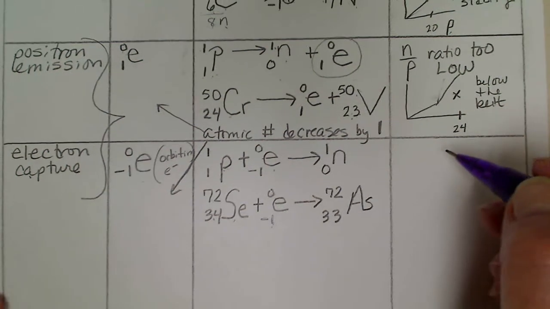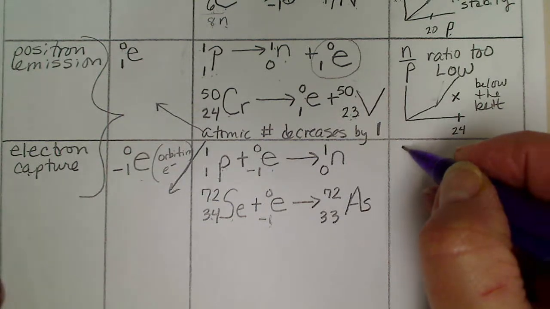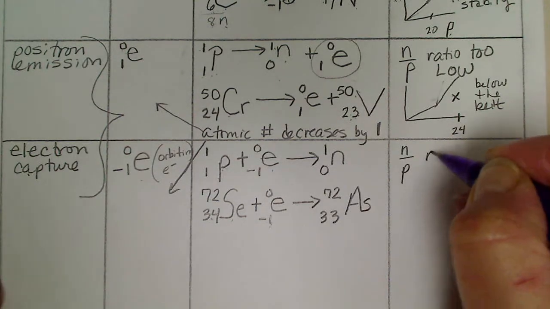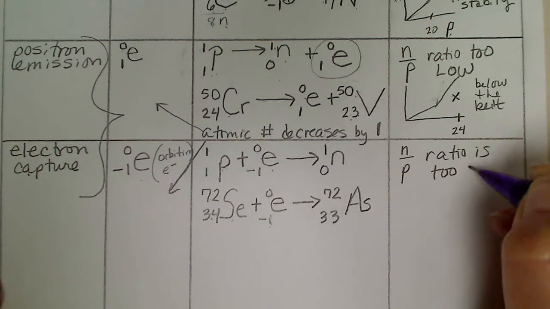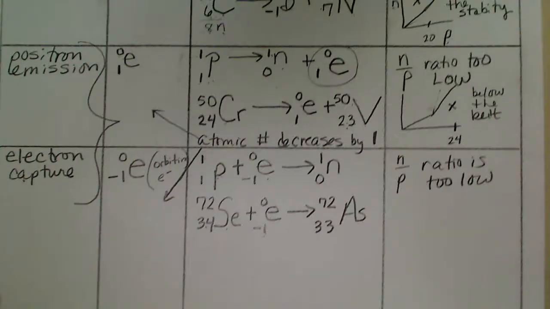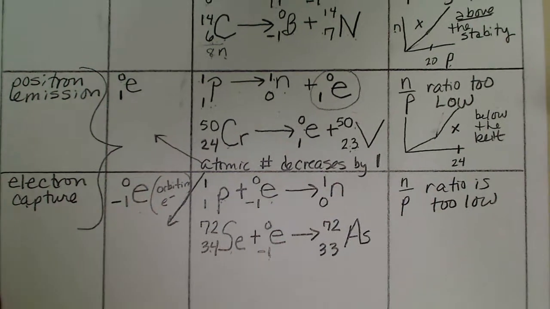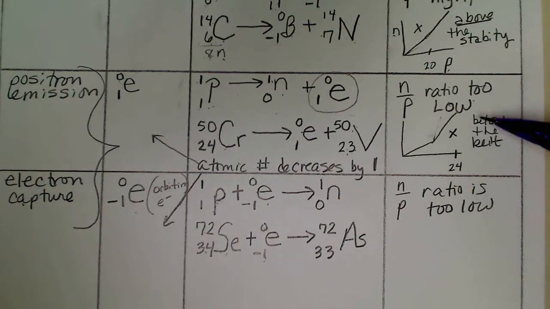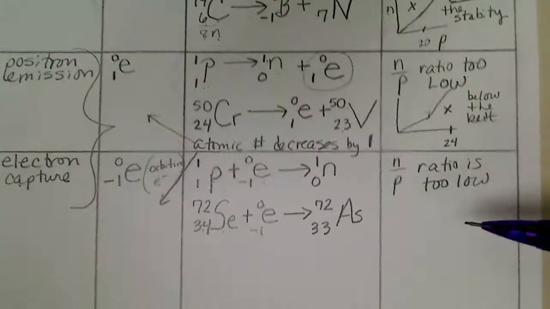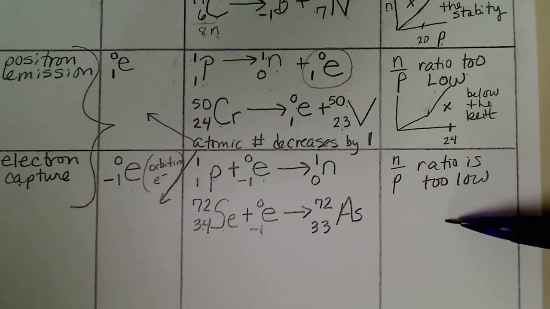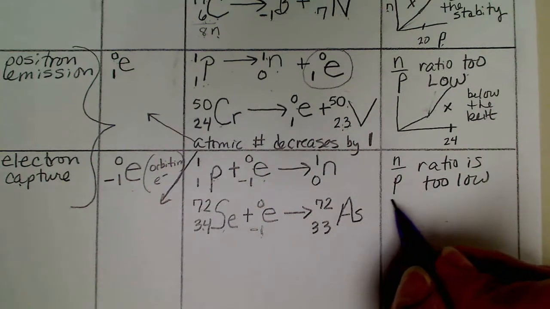So this also occurs when the neutron to proton ratio is too low. And what the distinction is between when is the positron emission going to occur, or is electron capture going to occur?